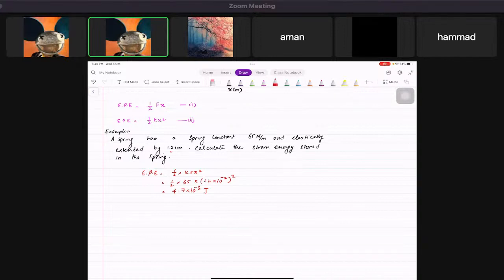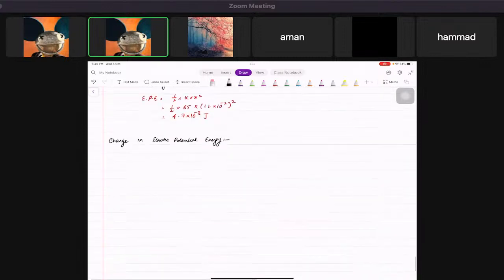Okay, now the most important thing that I'm going to tell you is that in these questions, you would be able to find the change in elastic potential energy.